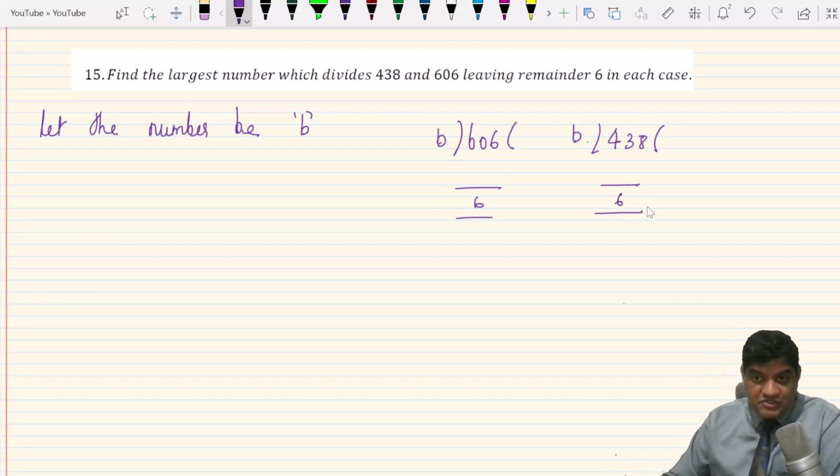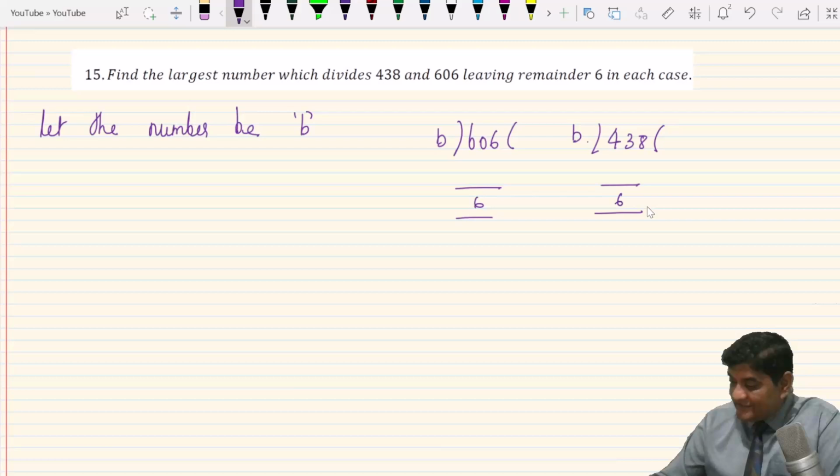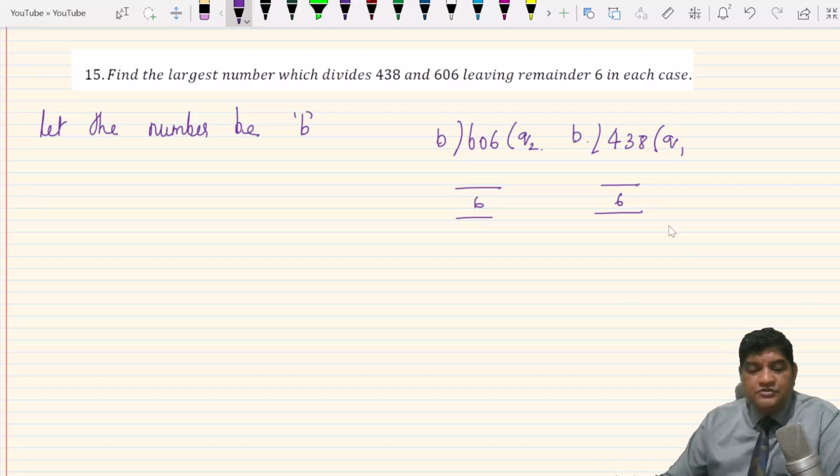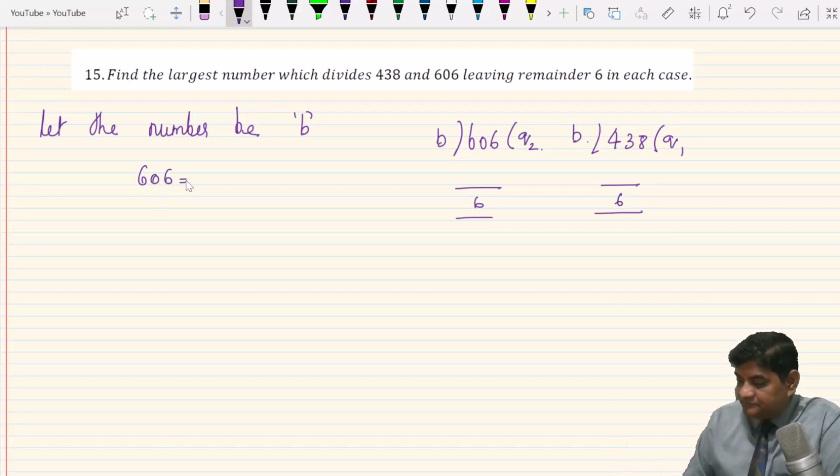I don't know the quotient. Let's say the quotients are q1 and q2. So if I'm using Euclid's division lemma, I can certainly write 606 as equal to b q2 plus the remainder, which is 6, and 438 as equal to b q1 plus the remainder 6.